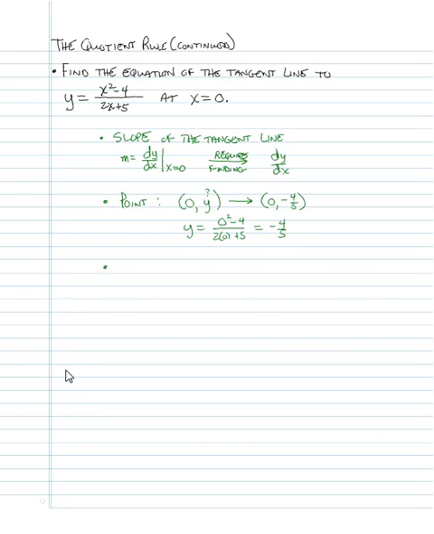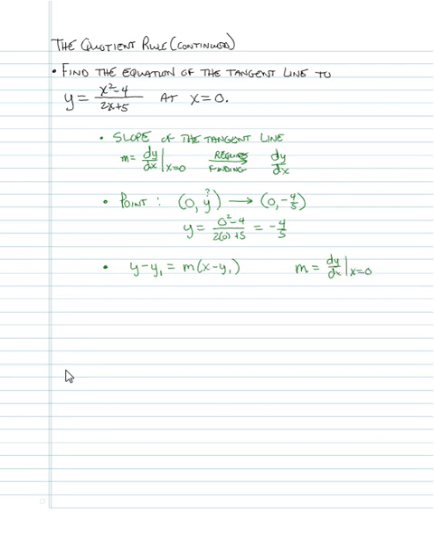And then remember what we're going to do after we have the slope and we have a point: we're going to use the form, it's actually called the point slope form, y minus y sub 1 is equal to m times x minus x sub 1. And remember, the m is something we've got to calculate after we find the derivative.